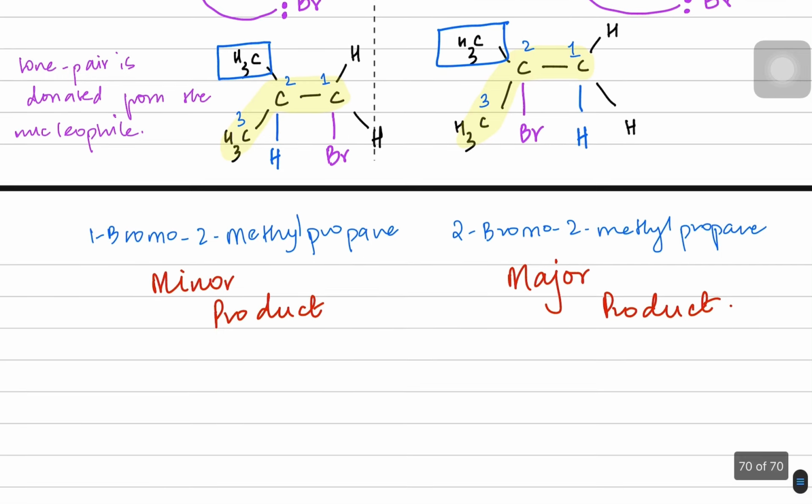Now, we should know a rule to remember things, which is known as the Markovnikov rule. The Markovnikov rule will help us realize how to predict the products. The Markovnikov rule is not exactly asked in the paper, but we should know how it's applied.